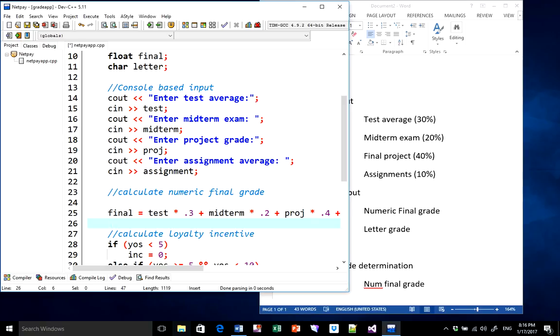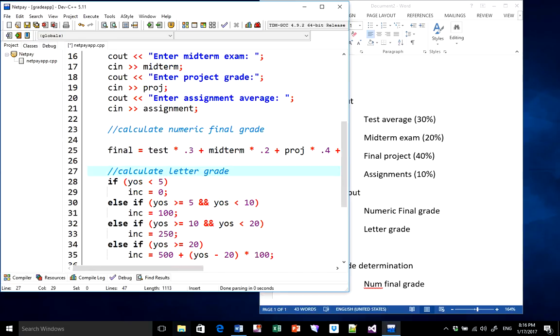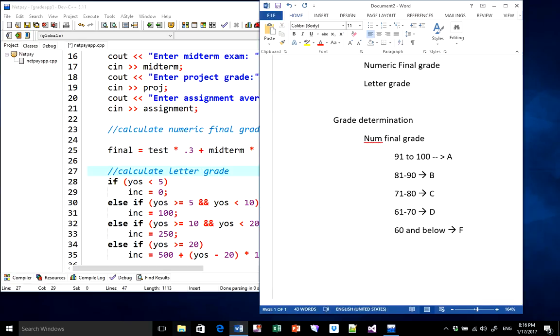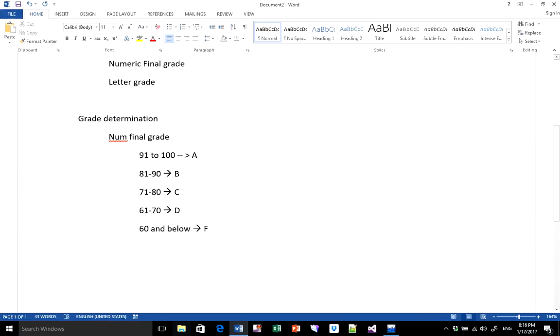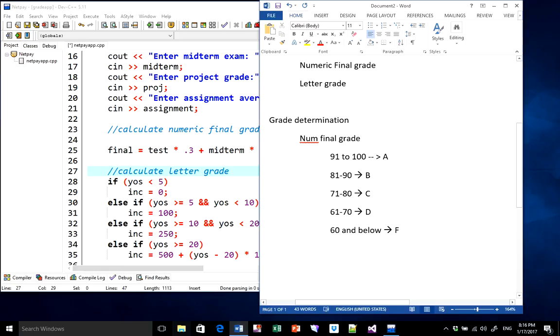So how do we come up with the letter grade? We've got the if, right? So what is our first condition? It's 91 to 100.